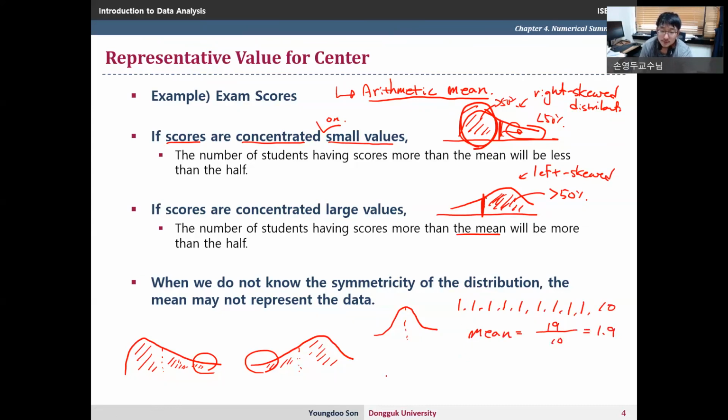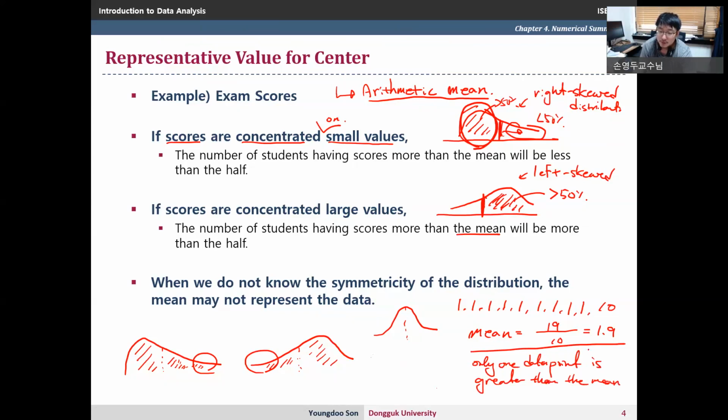So the data distribution seems like this, you know. It's very asymmetric and it is highly right skewed. It means that we have the extreme value in the right side. So in this case, only one data point is greater than the mean.